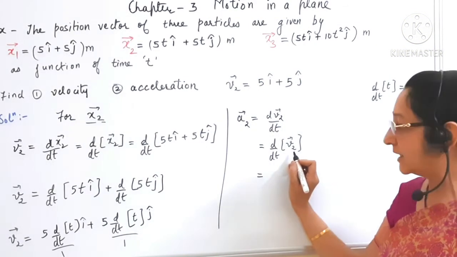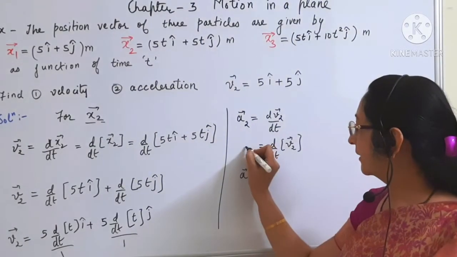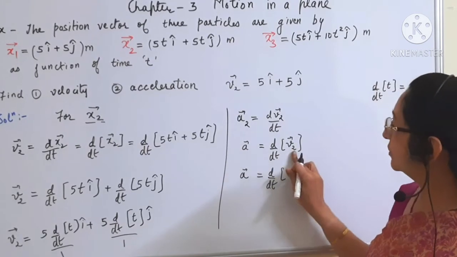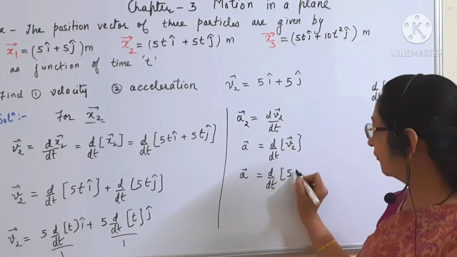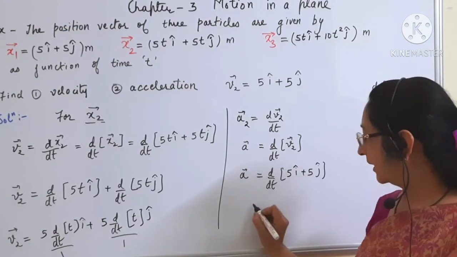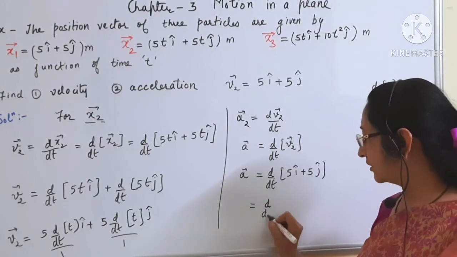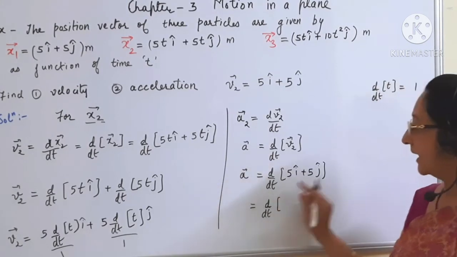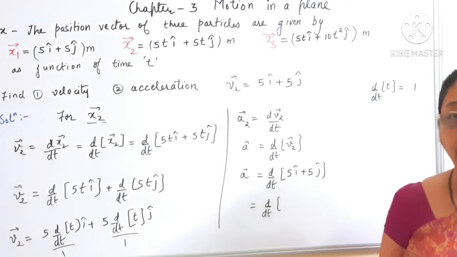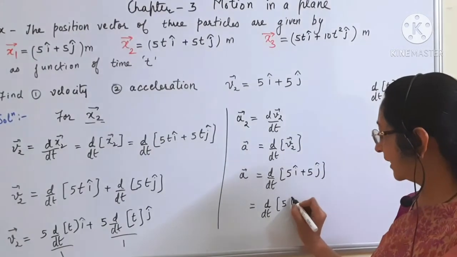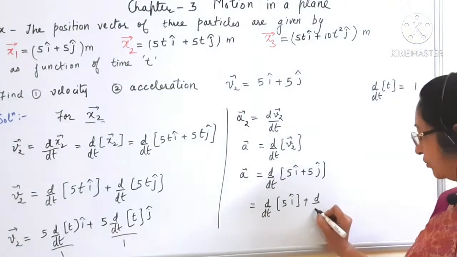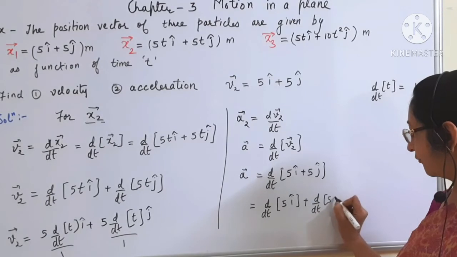So A2 is equal to ddt of v2, which is 5i plus 5j. Again, differentiation with respect to time. Now this again has two terms, and we separate the two terms to make it easy and to find the answer. So this is 5i plus differentiating 5j with respect to time.